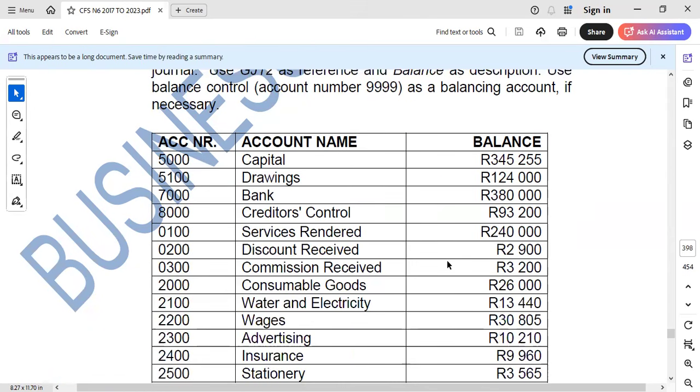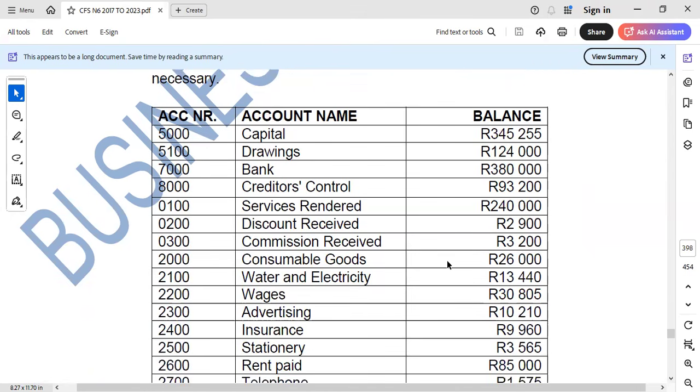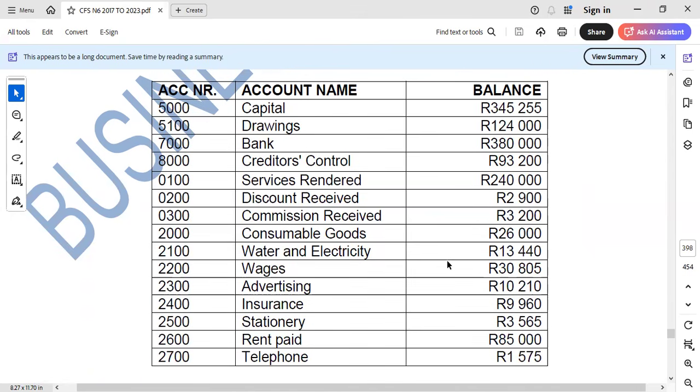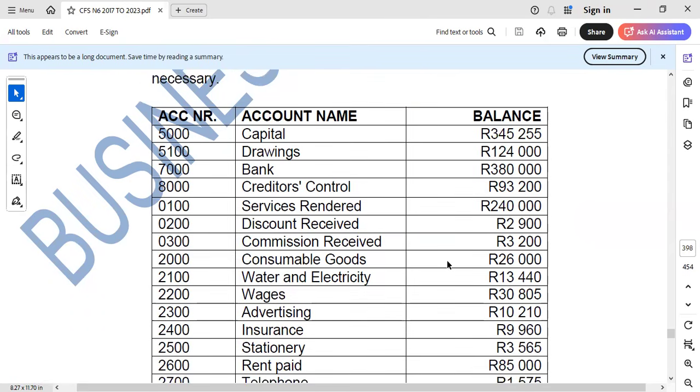After that, in the next video, I want us to capture all of this information. Now, remember, it is your responsibility as well to understand when we record capital, whether it is on the credit side or on the debit side.